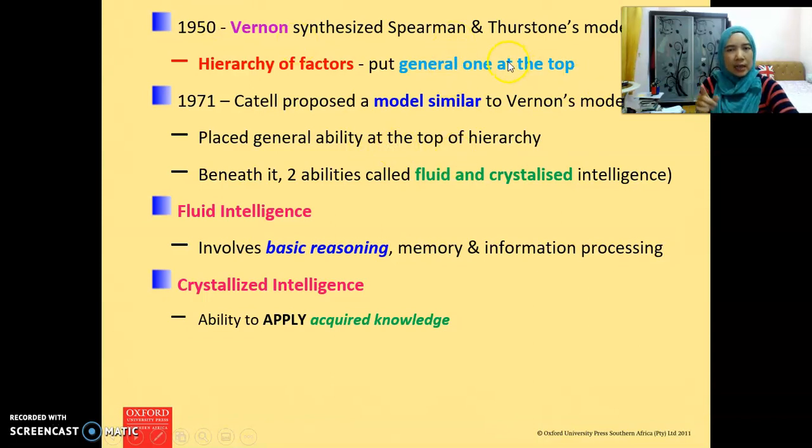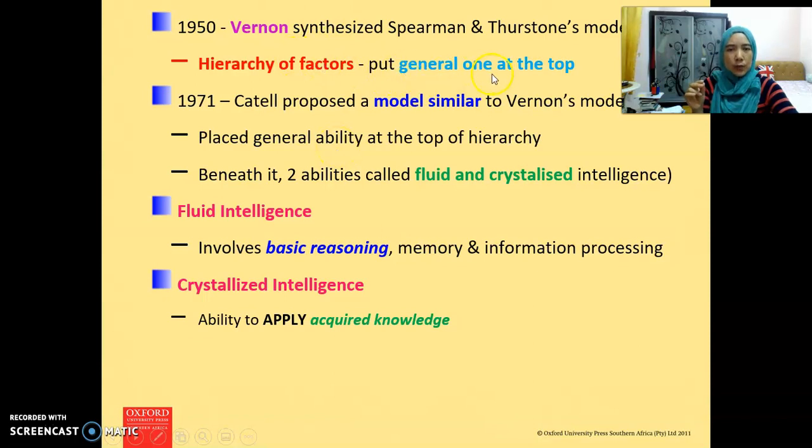So Vernon puts general intelligence at the top, but Cattell came up with a model of intelligence similar to Vernon's, and he placed general ability at the top of the hierarchy.